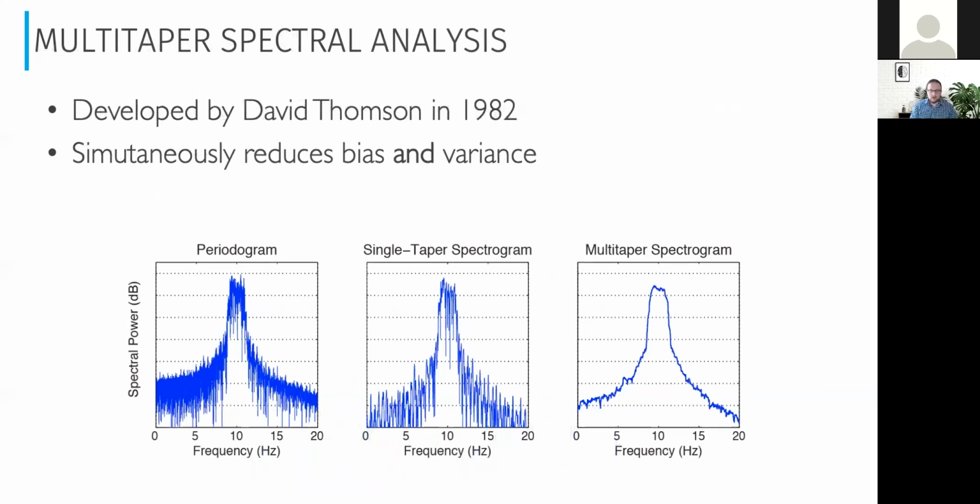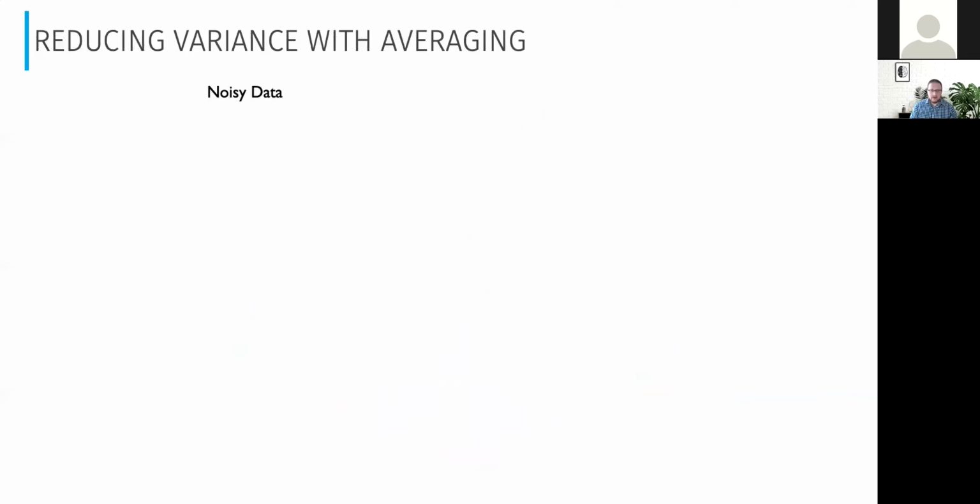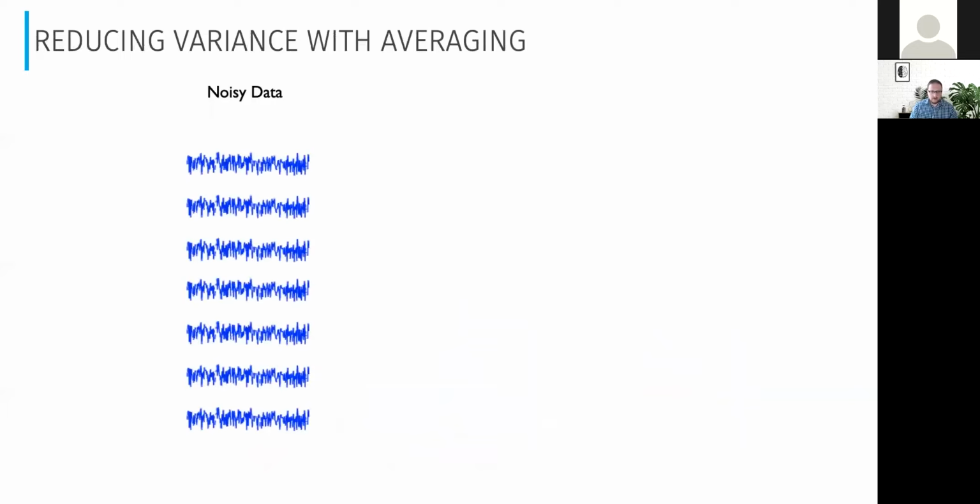So we're going to work towards something called multi-taper spectral analysis, and it was developed in the 80s by David Thompson. And it basically reduces the side lobes and also reduces the variance that we have in our estimate of what's going on there. And so how does it do that? Well, imagine you're doing a regular experiment with noisy data. How do you get a good estimate out of that?